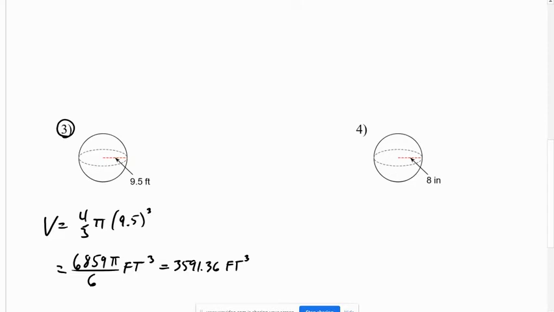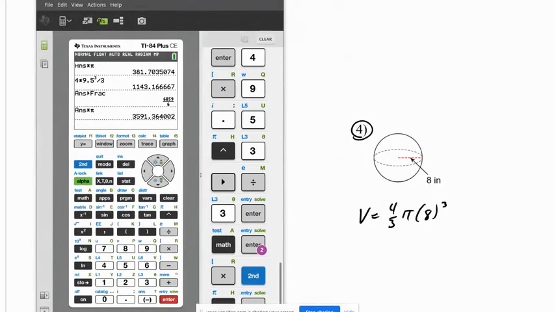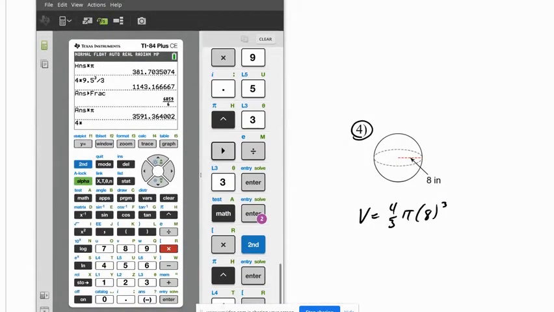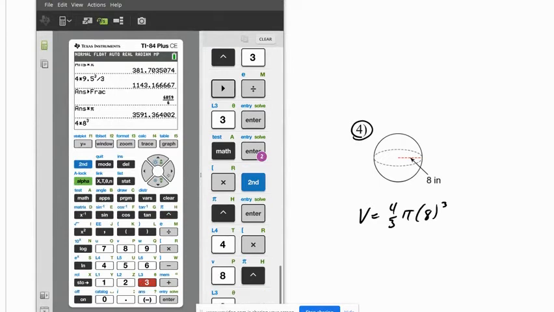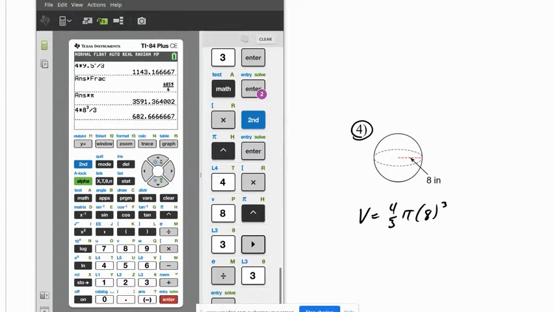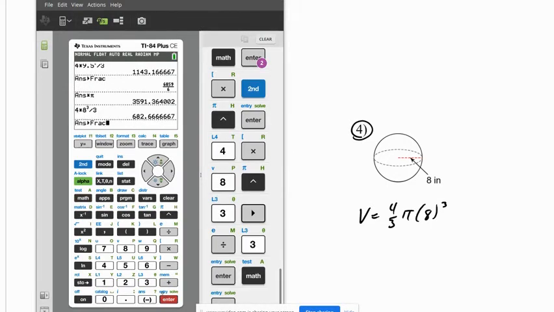Okay, again, go ahead and pause your video and try number 4. Since the radius is 8, our volume is going to be 4/3 pi times 8 cubed. 4 times 8 to the third power divided by 3. Math, frac, that is 2048 over 3.